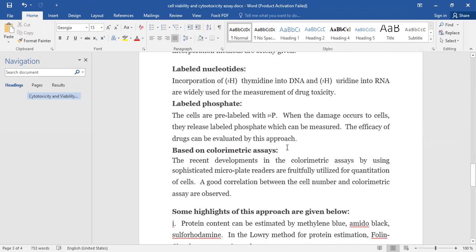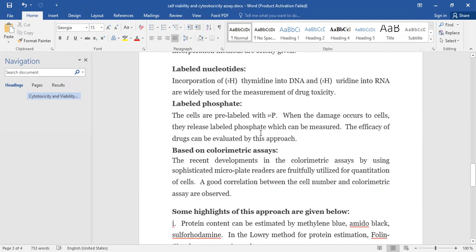The next is the labeled nucleotide method. In this method, we incorporate labeled nucleotides such as thymidine into the DNA, and we measure the amount of DNA present in the cell. If the amount is enough, then it indicates that the cells are viable. The next is labeled phosphate, which is used for labeling the phosphate present in the nucleoside.